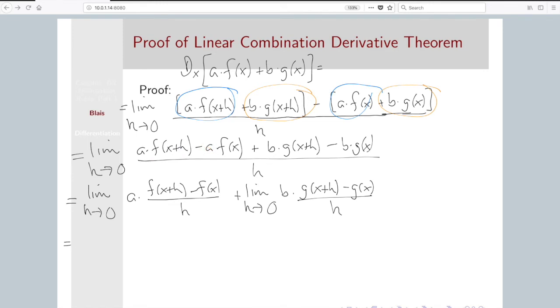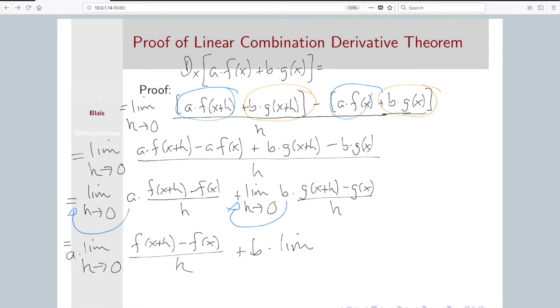So this will be, now we can take those limits outside, rather, we can take the constants outside the limits. So this becomes limit as h goes to 0, a times the limit as h goes to 0 of f of x plus h minus f of x all over h plus b times the limit as h goes to 0 of g of x plus h minus g of x over h.